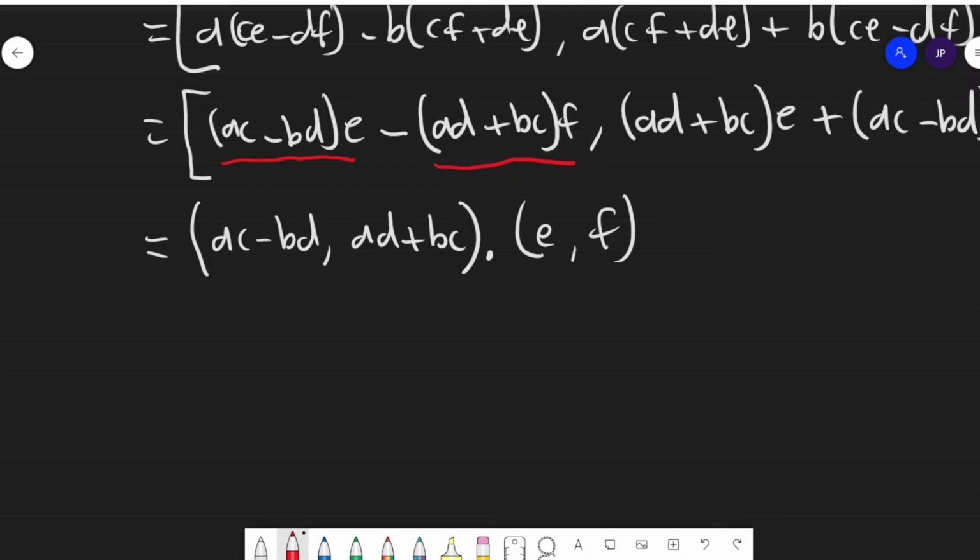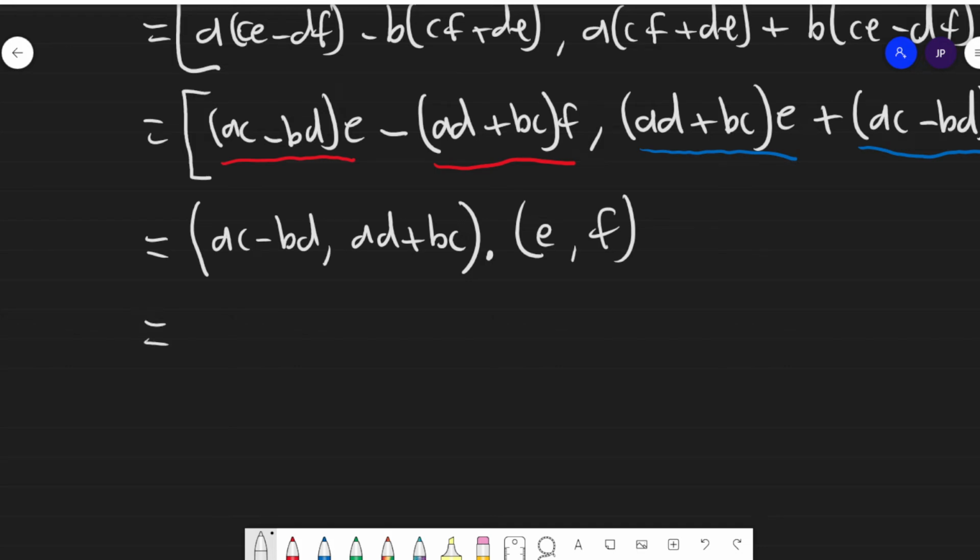And then for the second component, we multiply the outer, which is this one, and add it to the product of the inner. And these commute because they are elements of a field, so I can swap them around, it doesn't matter. And that's why I end up with this.